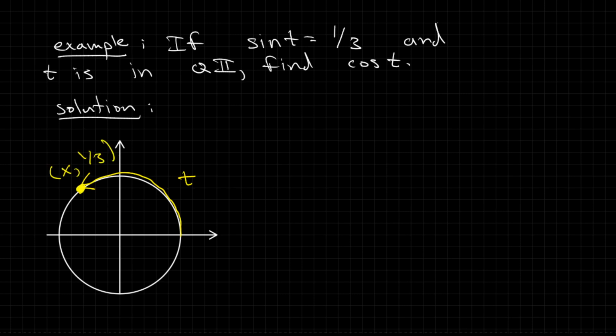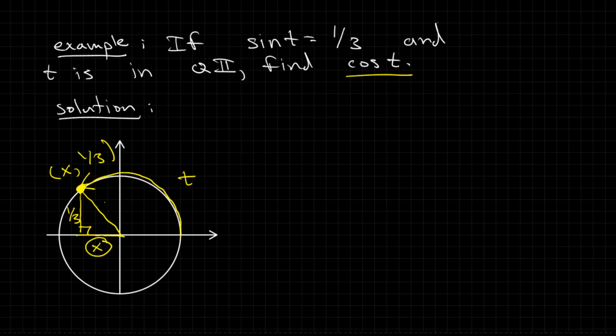And so if you draw a right triangle here, then you know that the height is 1/3 because that's the y value, and we're looking for this x here. We're looking for x because cosine of t is the x coordinate of the terminal point. It's useful to draw the picture because it's incredibly clear from the picture that x is going to have to be negative, and that will be important.